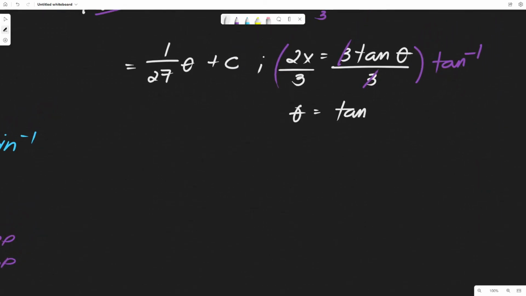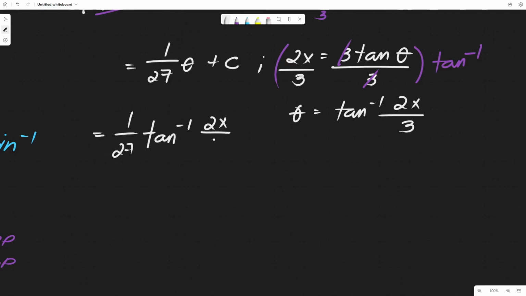Arc tangent ng 2x over 3. So yun yung ipapalit natin dito. So therefore, our final answer is 1 over 27 arc tangent ng 2x over 3 plus c. This is our final answer.